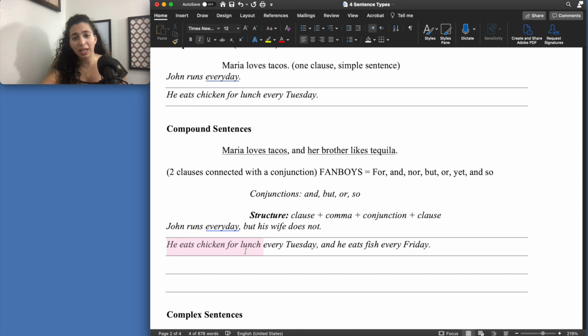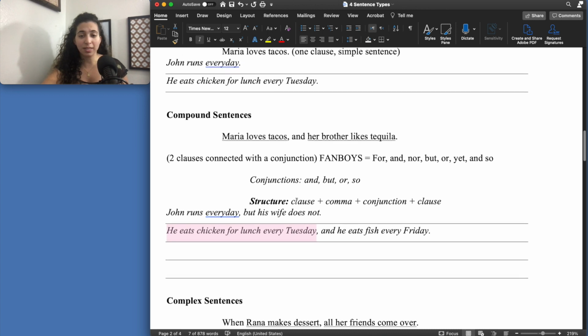He eats chicken for lunch every Tuesday. If it stands by itself, it's a simple sentence. And then we want to connect it with another independent clause, which is another simple sentence. So we use and he eats fish every Friday. If I put he eats fish every Friday by itself, that sentence makes sense.